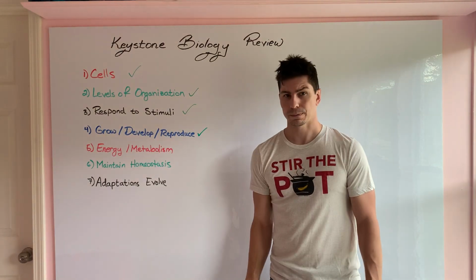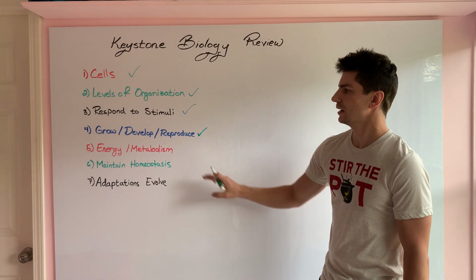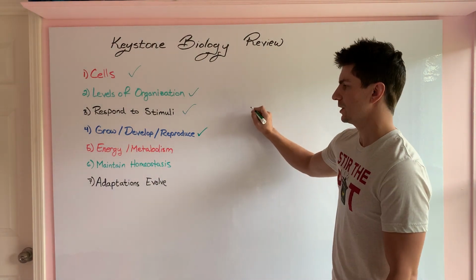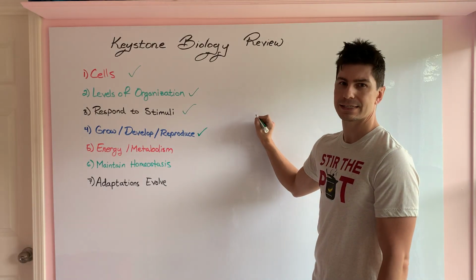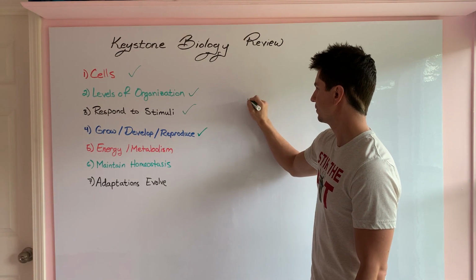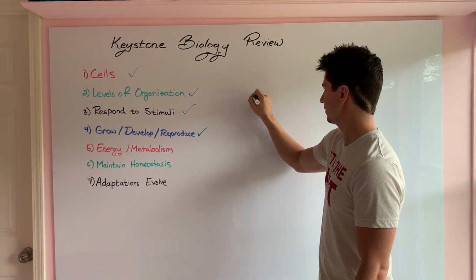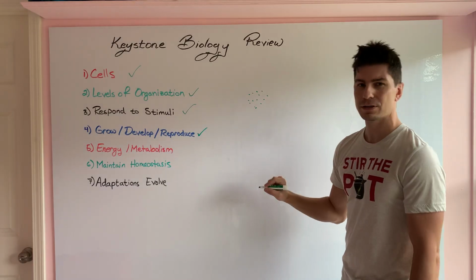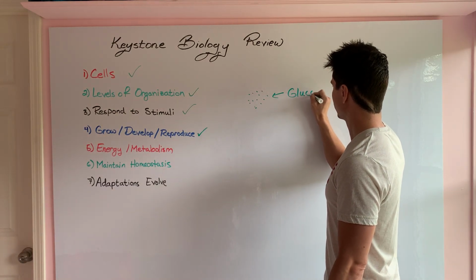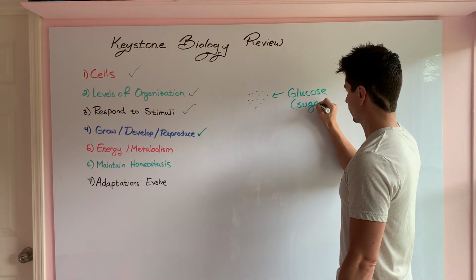Energy and metabolism. You need a constant supply of energy, all right? What do we use for energy? Now, when you guys eat some food, you are going to eat a bunch of different things, but most of the food that you eat contains small molecules of glucose, aka sugar.